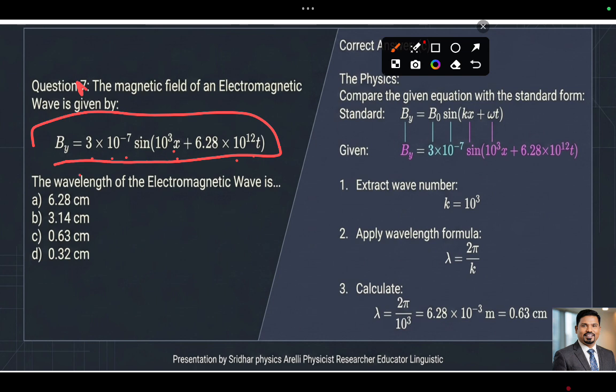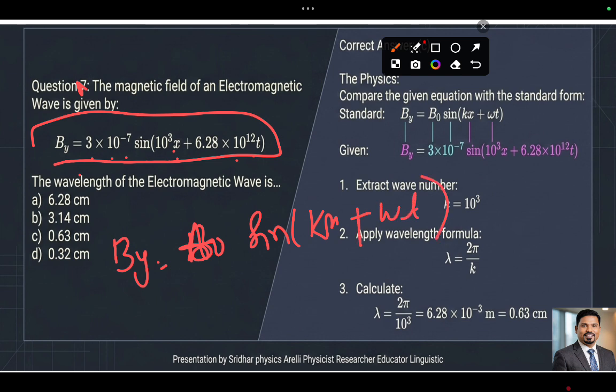First of all, compare this with the standard equation By equal to B0 sin(kx plus omega t), where B0 is 3 into 10^-7, k is 10^3, and omega is 6.28 into 10^12.